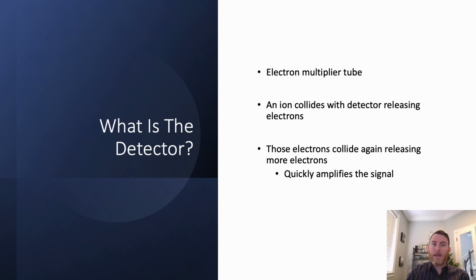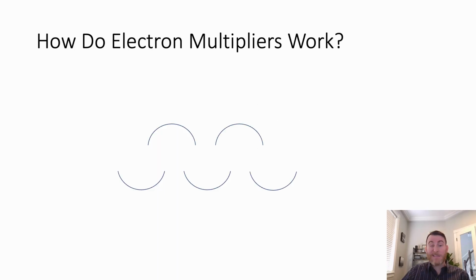And those electrons, based on some optics, end up colliding with other components within the detector to release more and more electrons, which quickly amplifies the signal. And the easiest way to show that is you've got one ion that enters into your detector, which is an electron multiplier, that releases a shower of electrons.